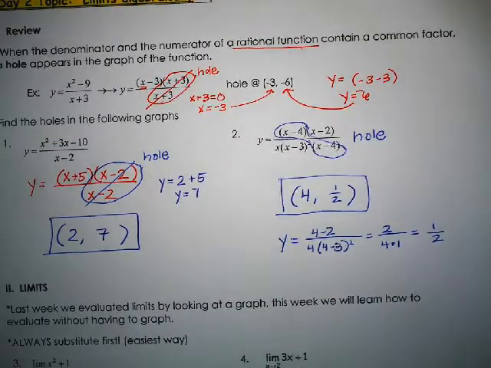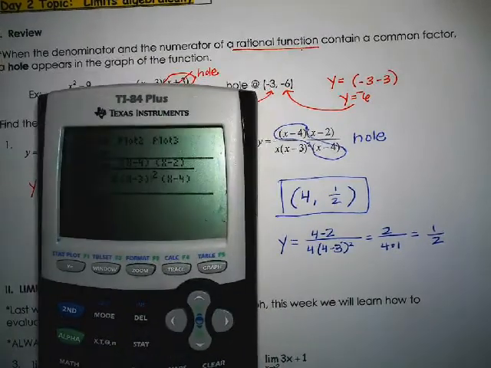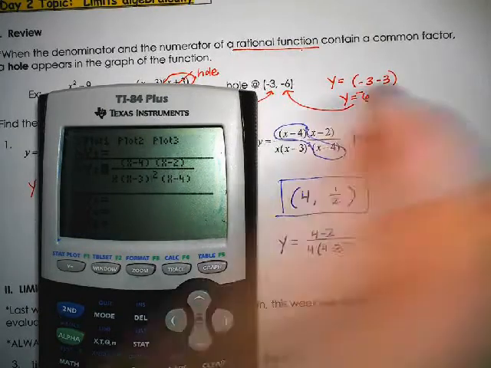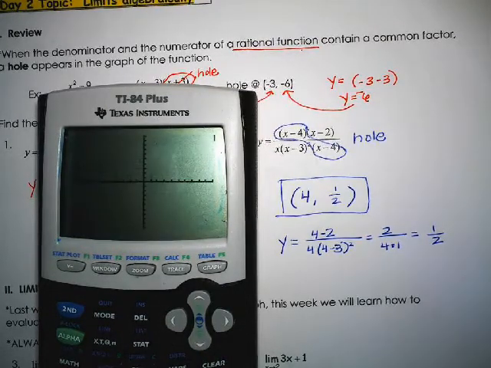I'm going to put my calculator under the screen again. We'll take a look. This time I have that original function typed into my y equals in the calculator, and I'm going to hit graph. Okay, on my graph, it's kind of a strange graph.